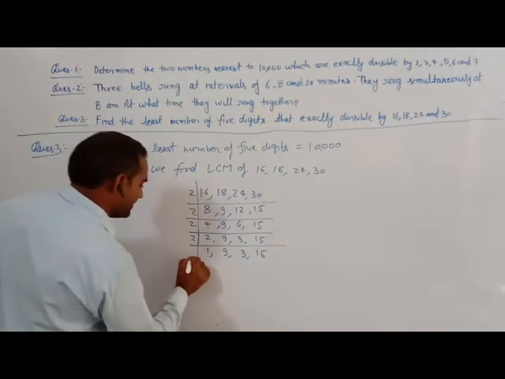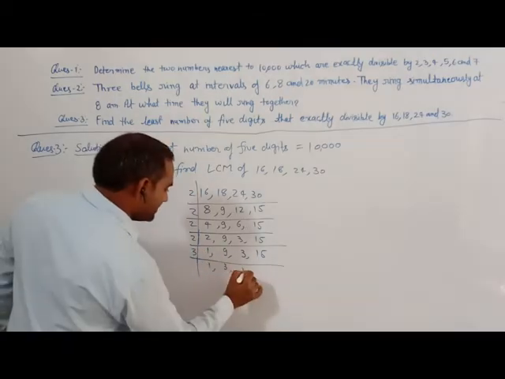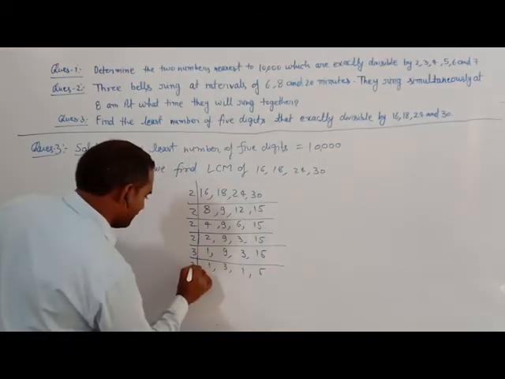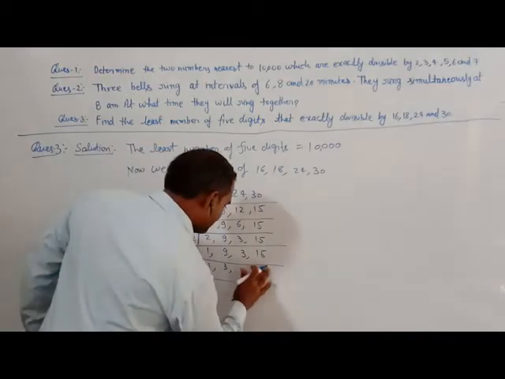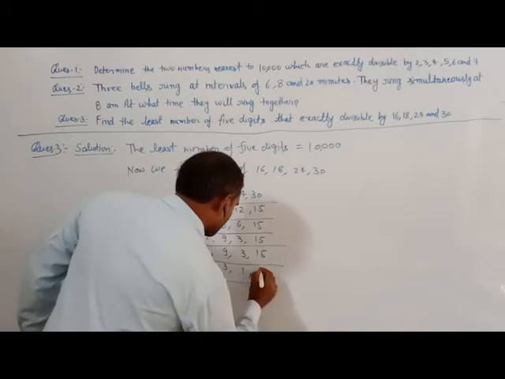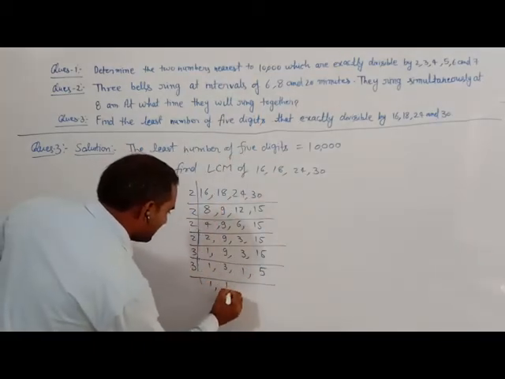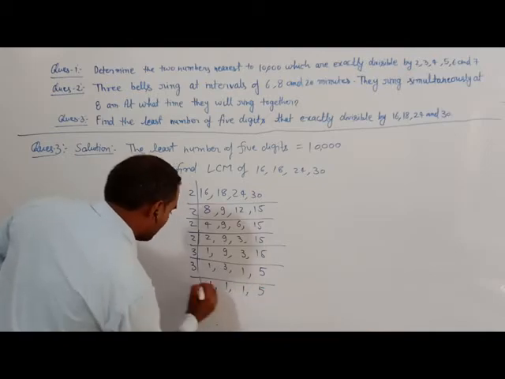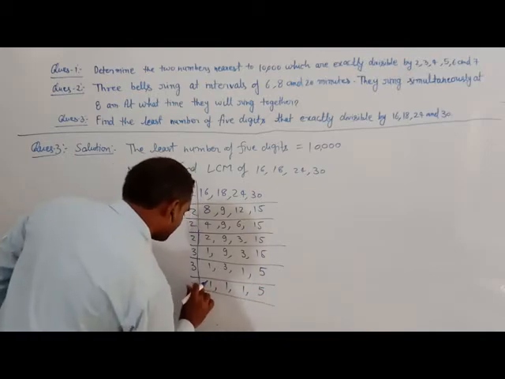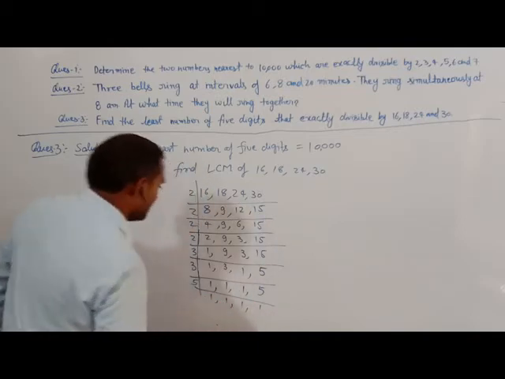Now we divide by 3. 3 3s are 9, 3 1s are 3, 3 5s are 15. Now we divide by 3 again: 1, 3, 1, 5. Now we divide by 5. We get 1, 1, 1 and 1.